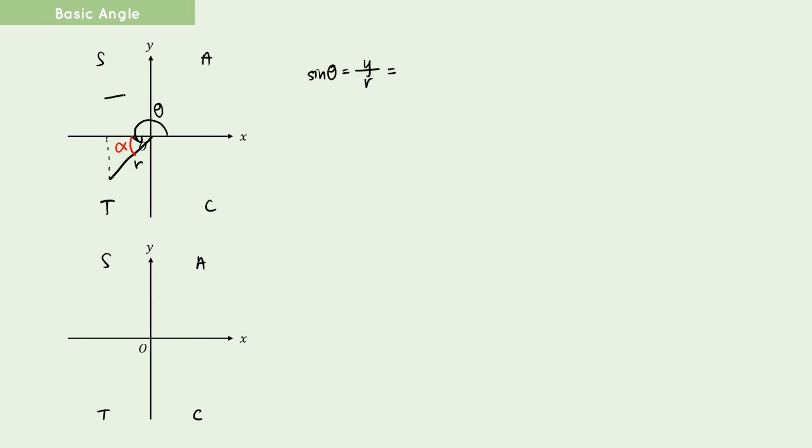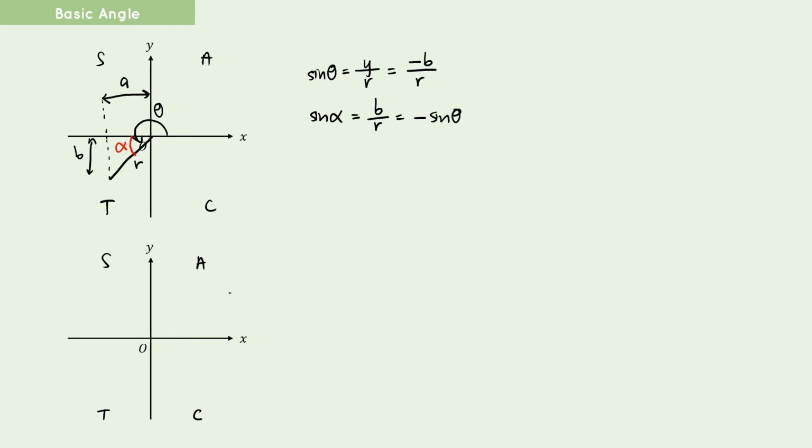If I were to call this A and this B, where A and B are positive, then y over r will be negative b over r. Then if you consider sine alpha, it is b over r, so it's negative sine theta.